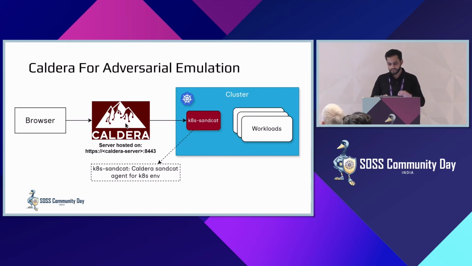So if you see on this page here, this is how we've been using Caldera at AccuKnox right now. We have a hosted server, and then we have these plugins or agents. These agents get installed on the environments where we want to actually inject some commands or do our testing. And then we access the Caldera UI.